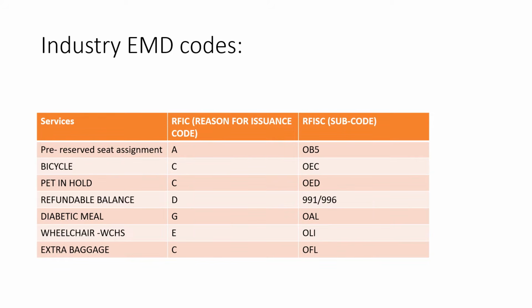Please provide us with the reason for issuing the EMD as well as the subcode. All you need to do is write that the reason for issuing the EMD is C, and then the subcode is OEC. Please remember that you always write your codes in capital letters, and you will be penalized if they are not written in capital letters.